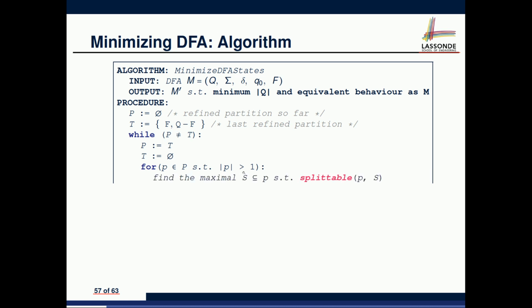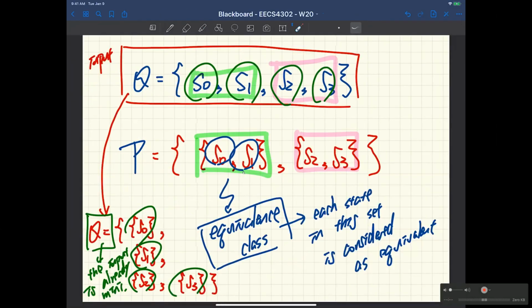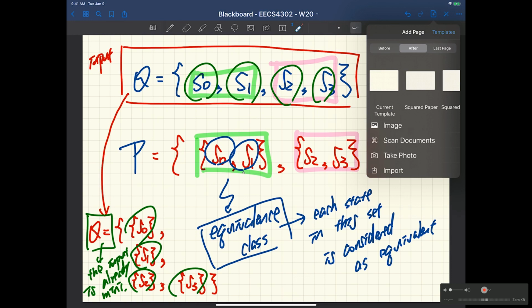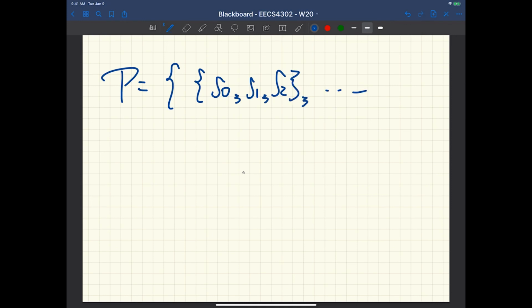So now the idea, this is the most critical line you have to understand. You want to see the current partition, for example, if the partition is actually of size 3. Just give you one example here. If the current partition I'm thinking about, let's say p is equal to, for example, S0, S1, S2 over here, and of course maybe some others.